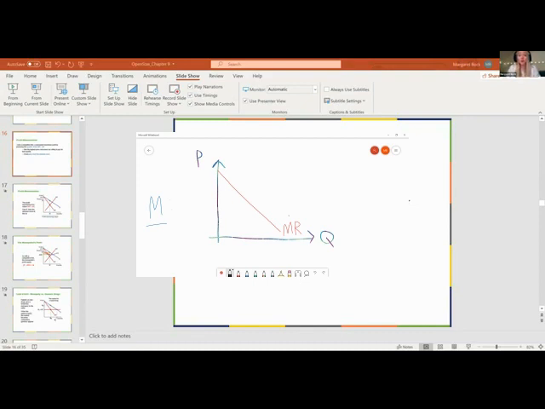For a monopoly, it's also going to be important for us to draw out the demand curve. So remember, the demand curve always lies above the marginal revenue curve here. Both are downward sloping, but the marginal revenue curve is half of the slope of the demand curve.